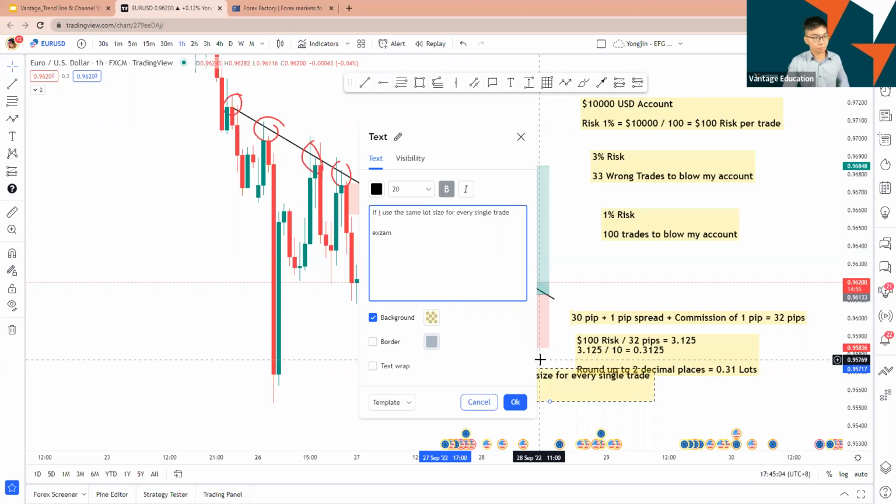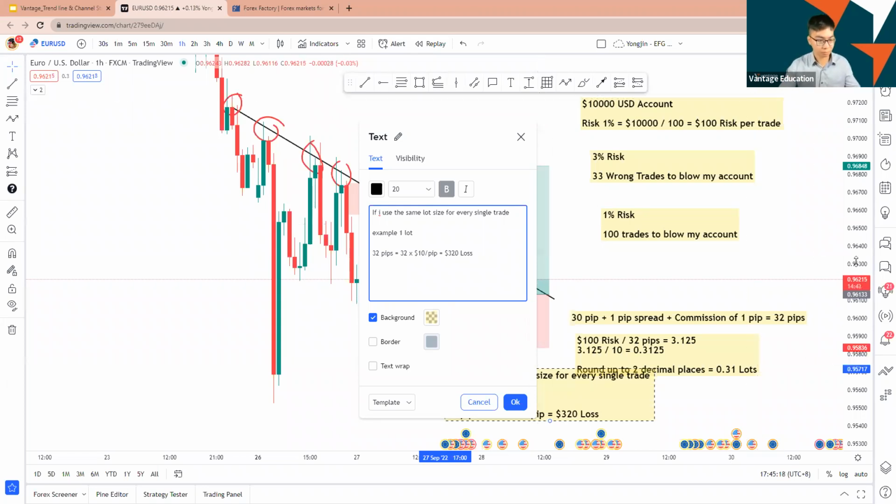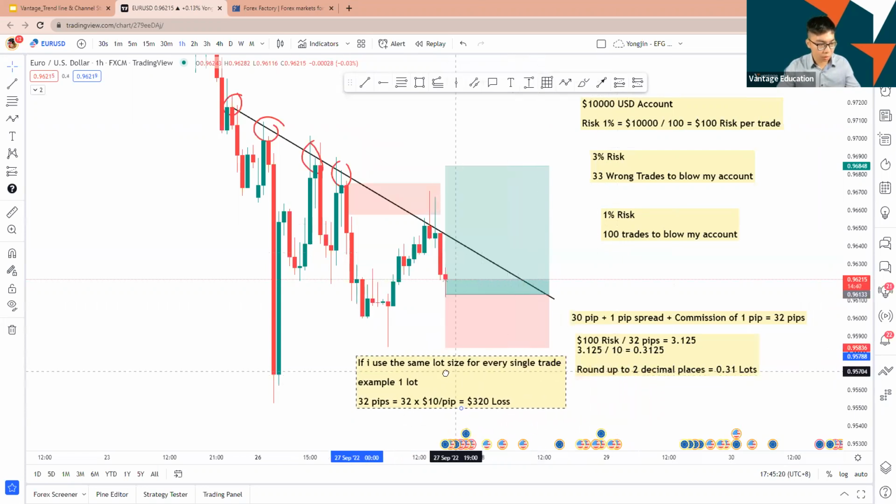Example, one lot, 32 pips equals 32 times $10 per pip equals $320 loss. Take a look.